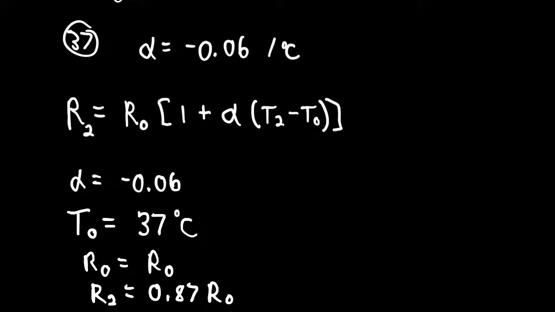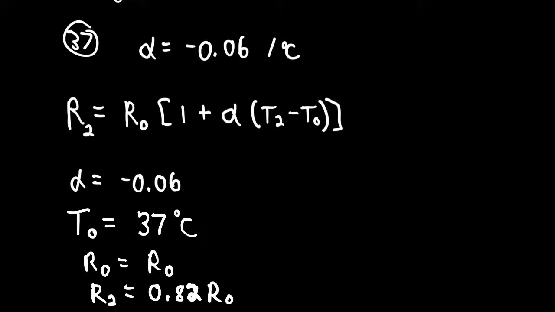Is it 82% or what was it? It's 82%. I just wrote the number wrong. Okay, 82% of R0. I think that's the hardest part of this one, to realize 82% of the initial resistance is 0.82 times R0.